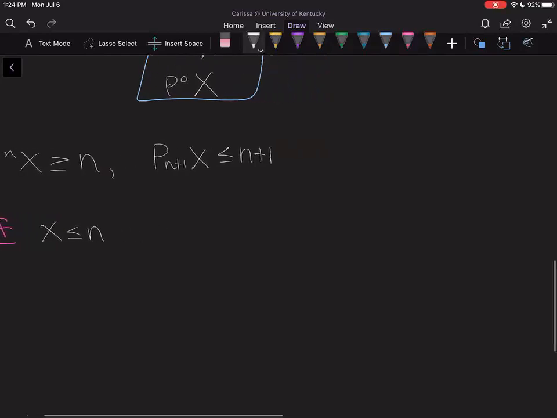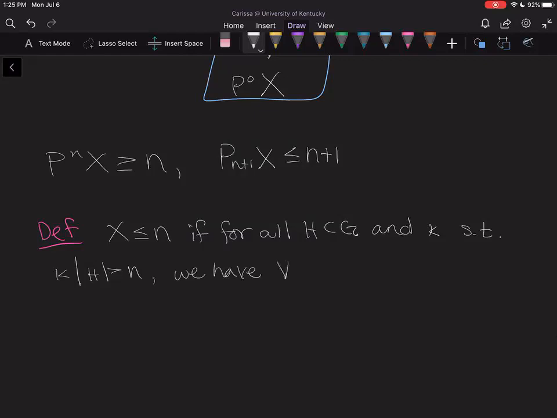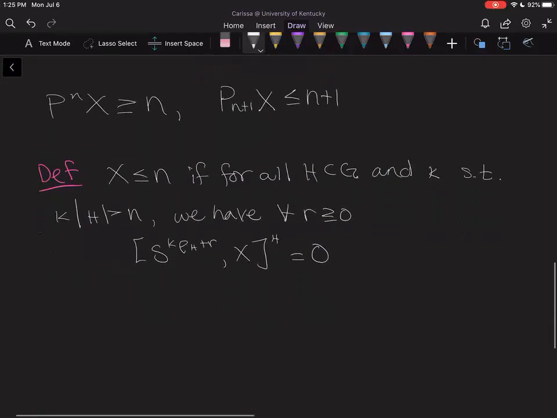A spectrum x is less than or equal to n if for all h contained in your group G and k such that k times the order of h is strictly bigger than n, we have for all r at least 0, the maps from S to the k rho h plus r to x, we want the H-equivariant maps to be 0.